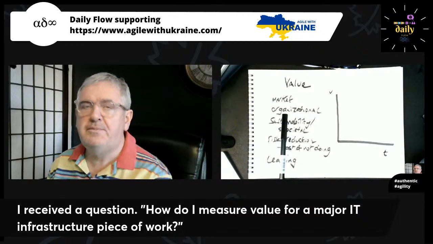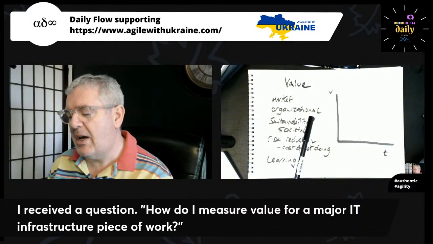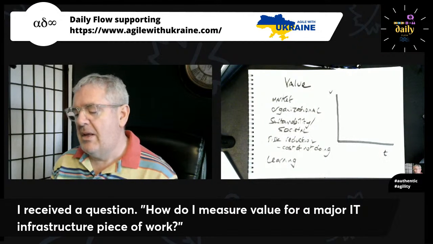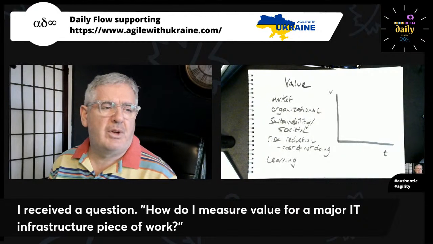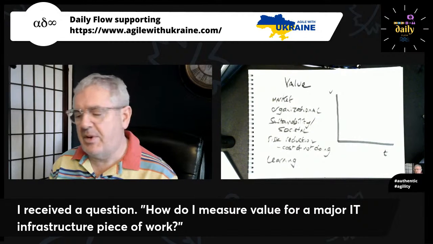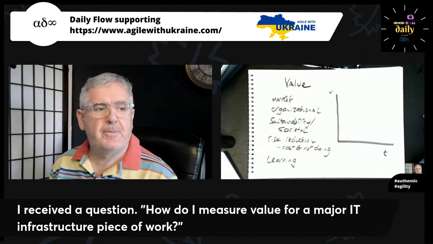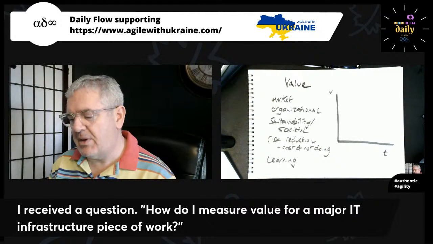Organizational value is where maybe you're trying to protect the reputation of the company, or protect the revenue that you have, or reduce costs, things like that. That's quite a common interpretation of value. We're saving some money or something like that.